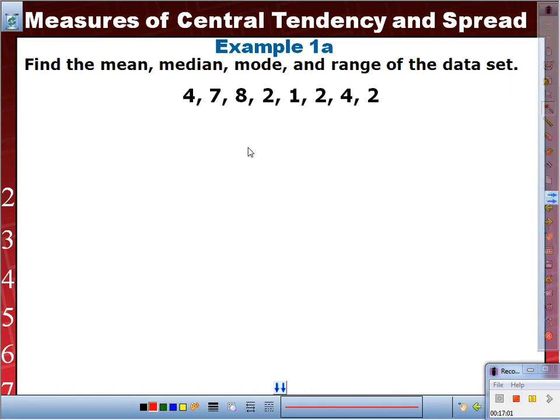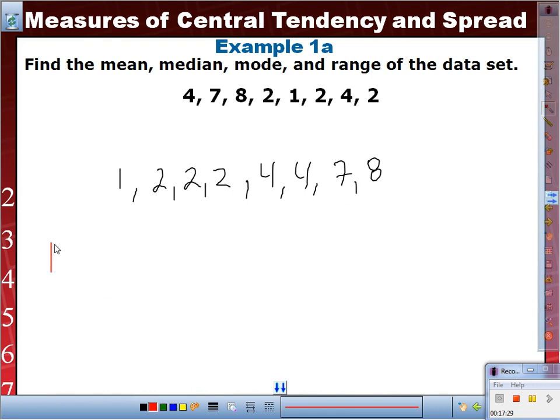The data set is 4, 7, 8, 2, 1, 2, 4, 2. So what would be the very first thing we all do? Everyone. From least to greatest. So I start with 1, 2, 2, 2, 4, 4, 7, 8.